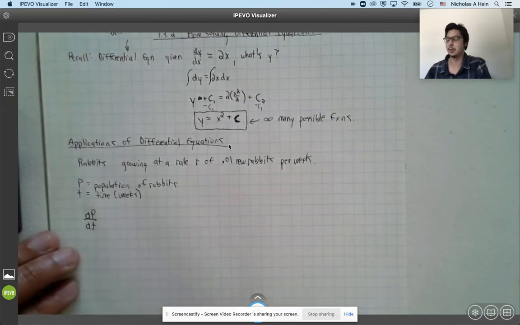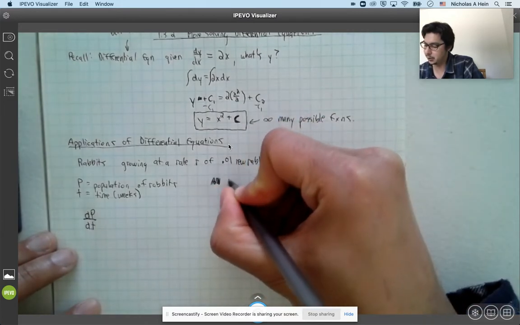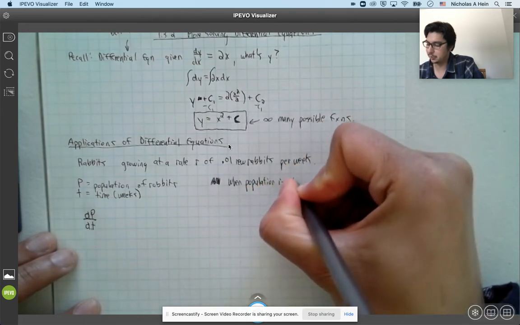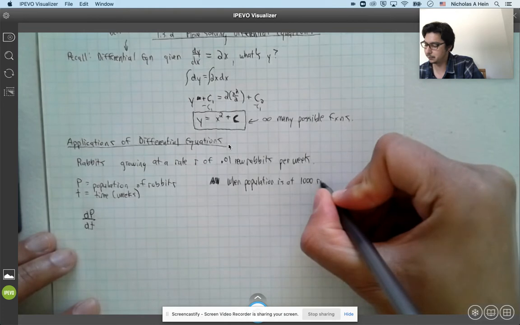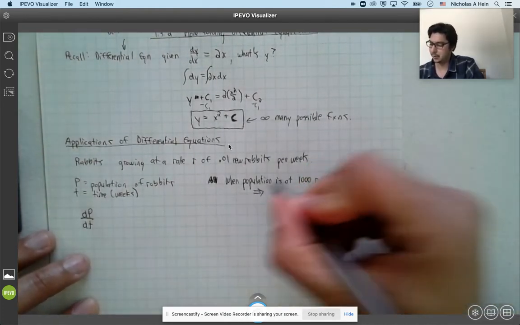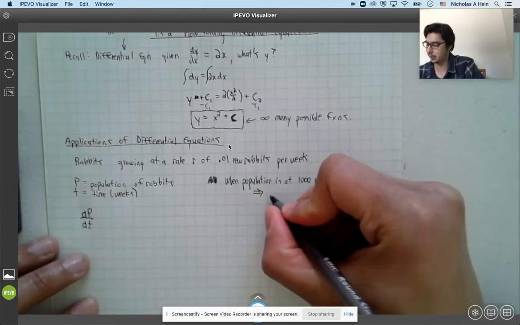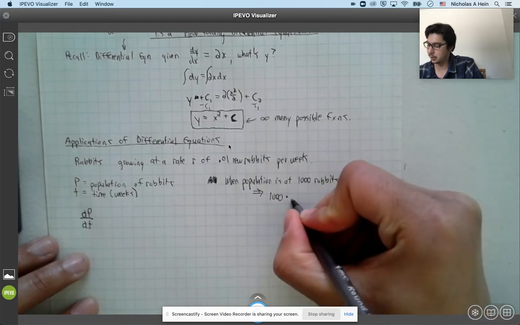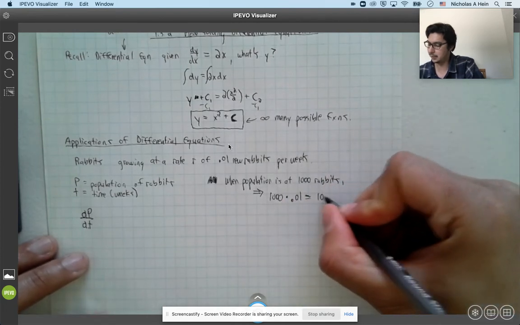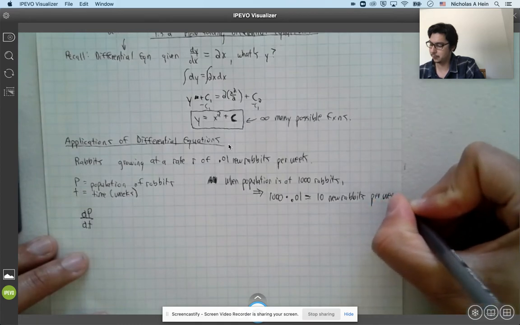Before we get to this, let me give a few examples. Let's say when the population is at 1,000 rabbits, that would imply that the rate at which new rabbits appear per week would be 1,000 times 0.01, which is equivalent to 10 new rabbits per week at that moment.